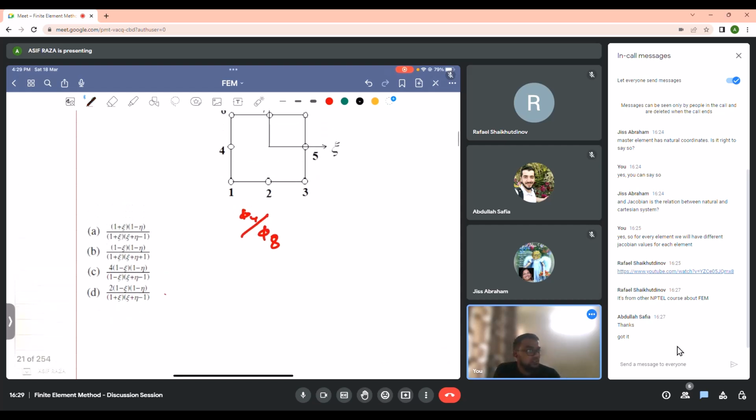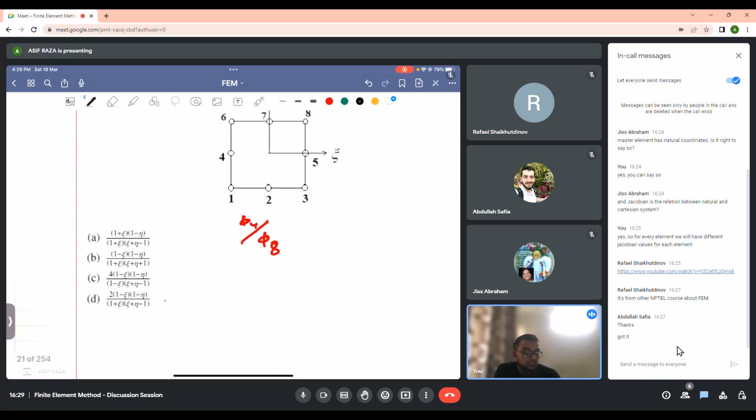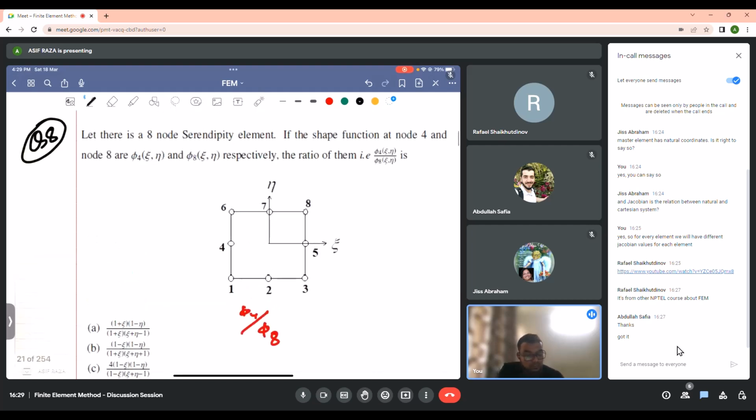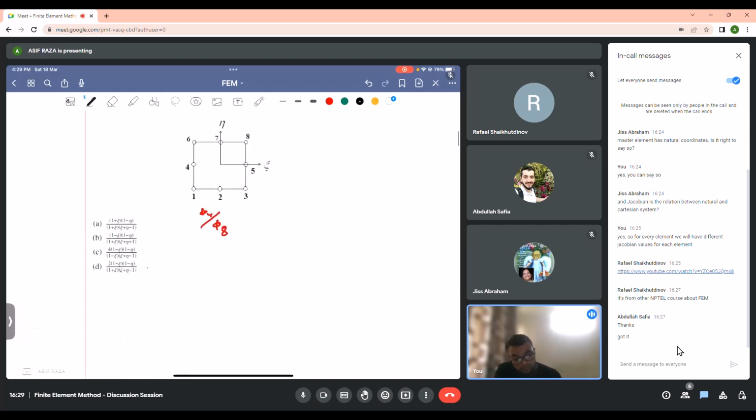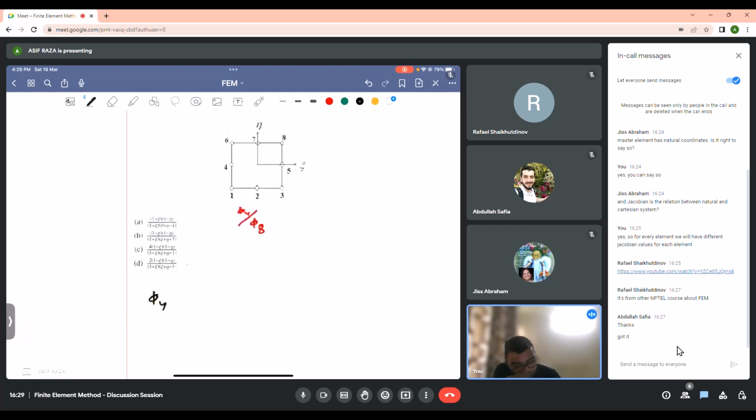Okay, rather than asking what the answer is, I'll go step by step. What will be phi 4? Say function of phi 4.